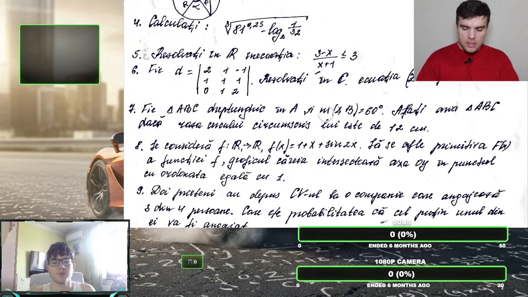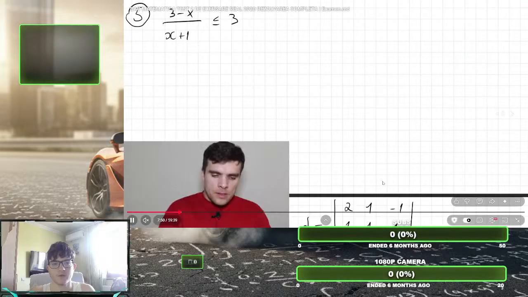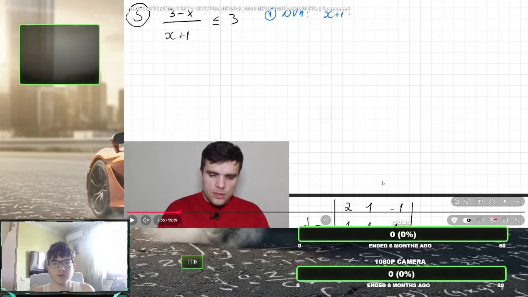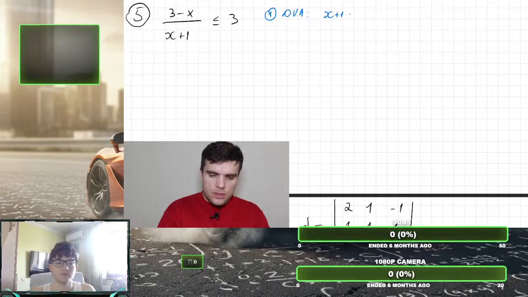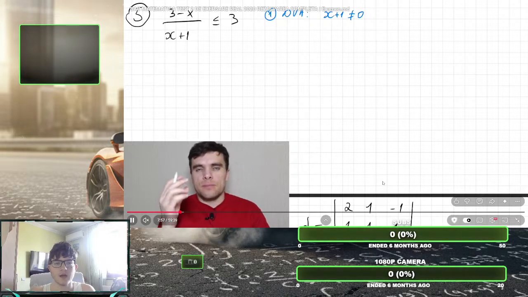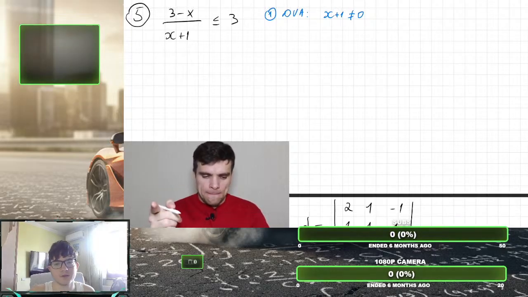Okay, now next up we got this equation right here. So if it's a fraction like that, what we need to do basically is the domain: x plus 1 needs to be not equal to 0.